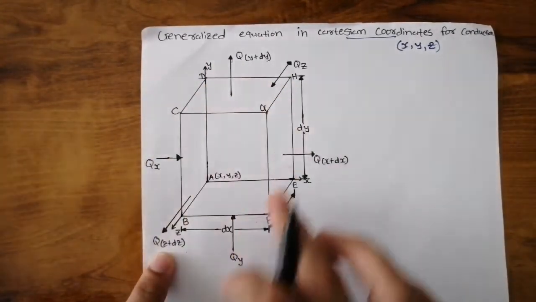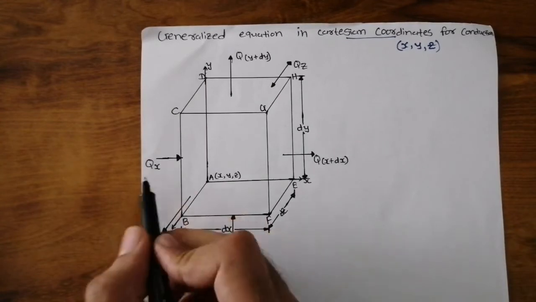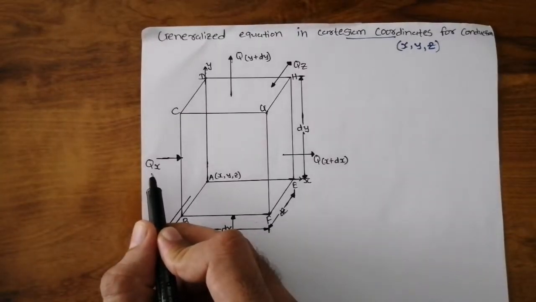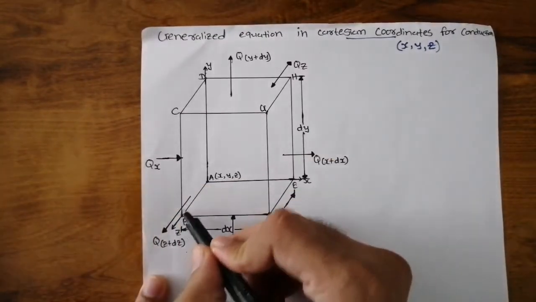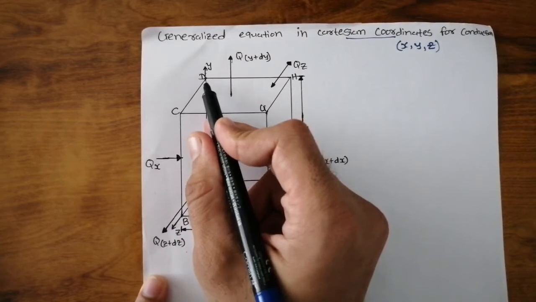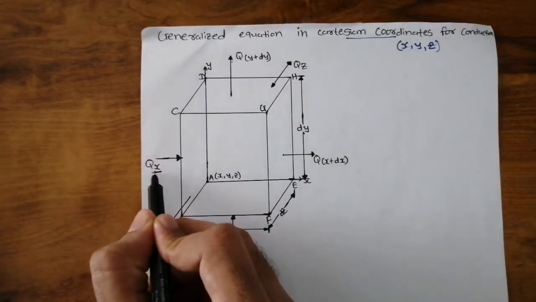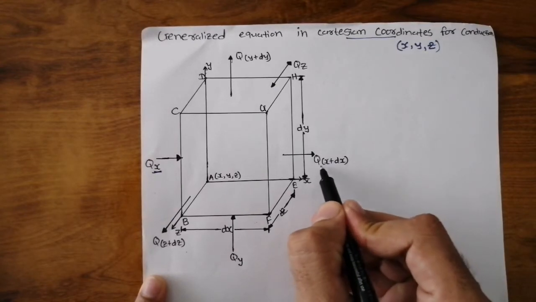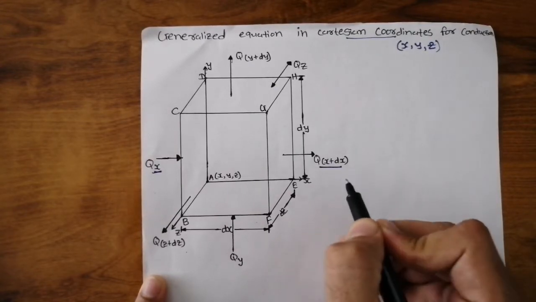Inside that element we first consider qx. So qx means heat flowing into the element from the face ABCD in the direction of x, so we write qx. Then we consider qx plus dx.